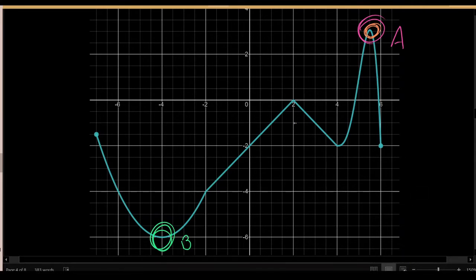There is another point which is king of its little town, and that's the point given right here at this sort of V-shaped location. This point, which I will call C, is certainly higher than every other point nearby. Move a little bit to the left or move a little bit to the right. In either case, you find yourself moving down.